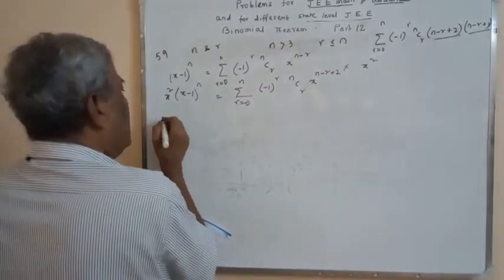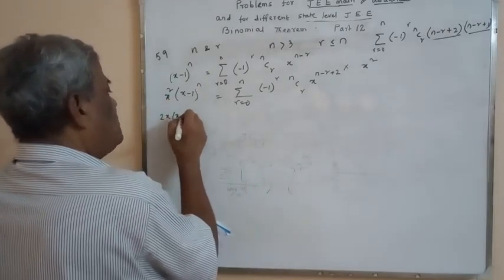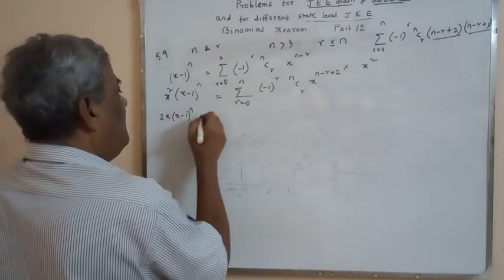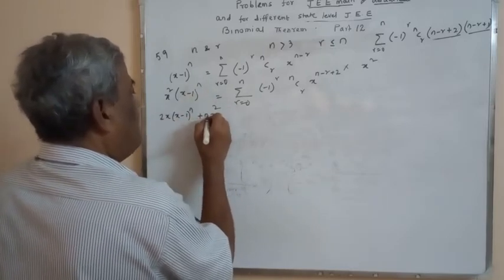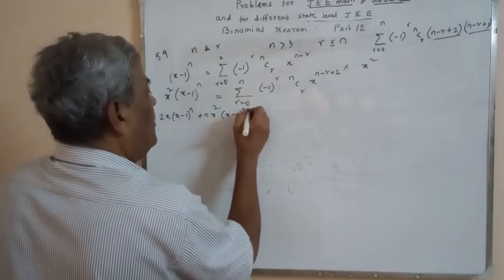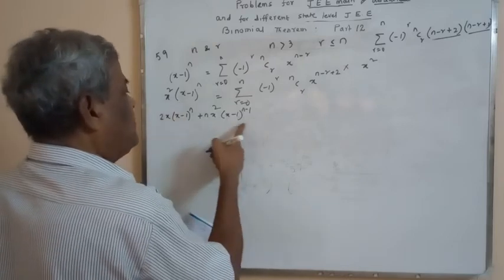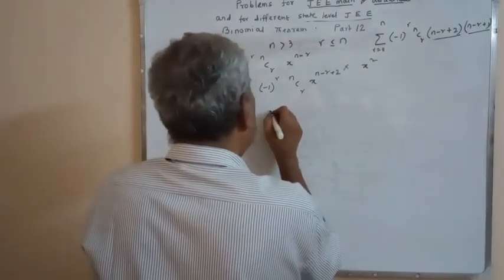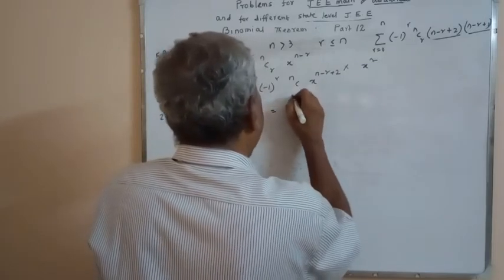So the left hand side becomes 2x into (x minus 1) to the power n plus x square into n into (x minus 1) to the power n minus 1. Product of two factors, so the derivative is that. So that must be equal to sigma r equal to 0 to n.